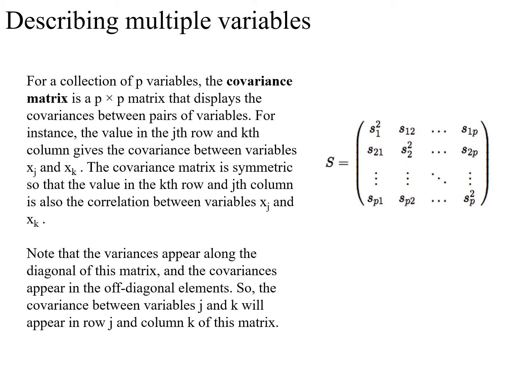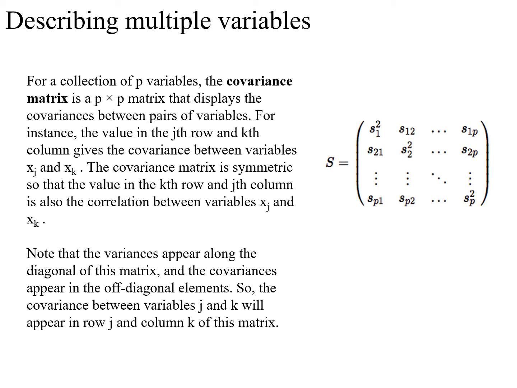So a covariance matrix for p variables is a matrix or an array whose dimensions are p by p, and it displays the covariances between the pairs of variables. So, for instance, the value in the jth row and the kth column gives the covariance between variables xj and xk.